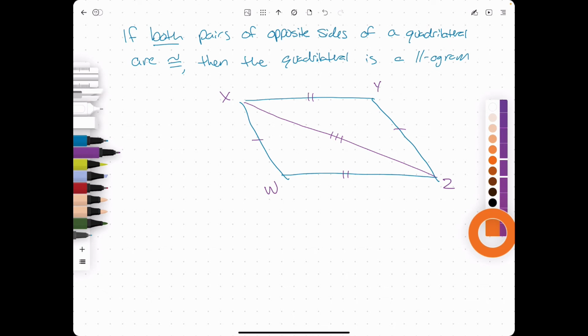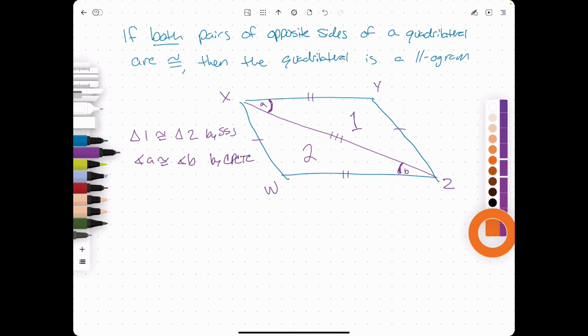So if I number these triangle 1 and triangle 2, I could show that triangle 1 is congruent to triangle 2 by SSS. Then by CPCTC, this angle and this angle are congruent because they're corresponding parts. I could label them A and B and say angle A is congruent to angle B by CPCTC.